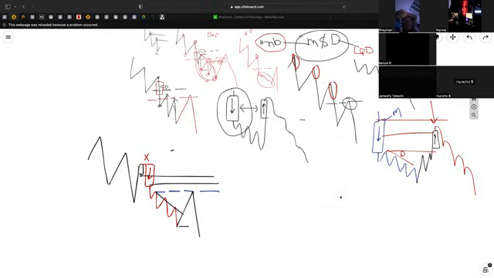So remember, I said every swing must have a rule of momentum and distance right there. But there are situations whereby the swing would not have it.